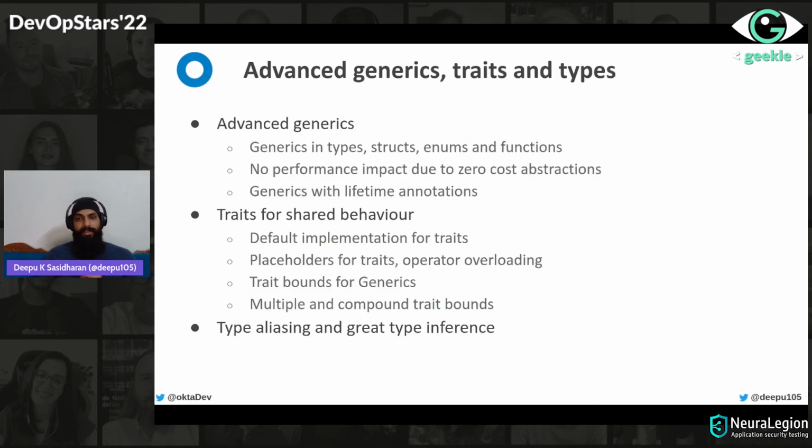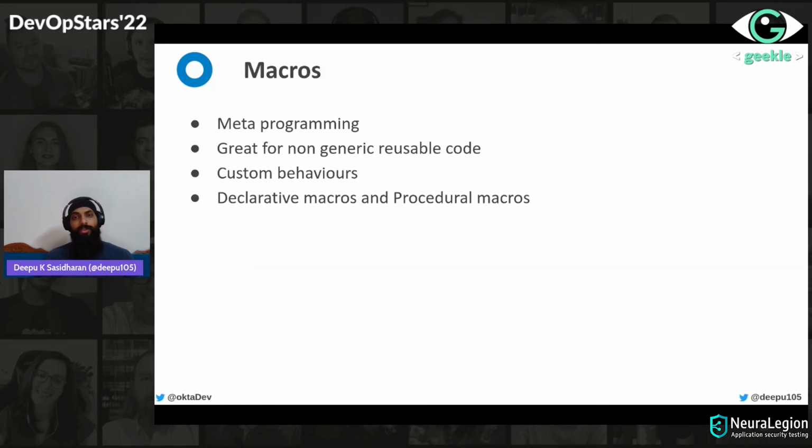Rust also has advanced generics and traits with type aliasing and type inference support. Though generics could easily become complex when combined with lifetimes and stuff, Rust is extremely flexible when it comes to generics and traits. There is also support for metaprogramming using macros. Rust supports both declarative macros and procedural macros, and macros can be used like annotations or attributes or like functions.